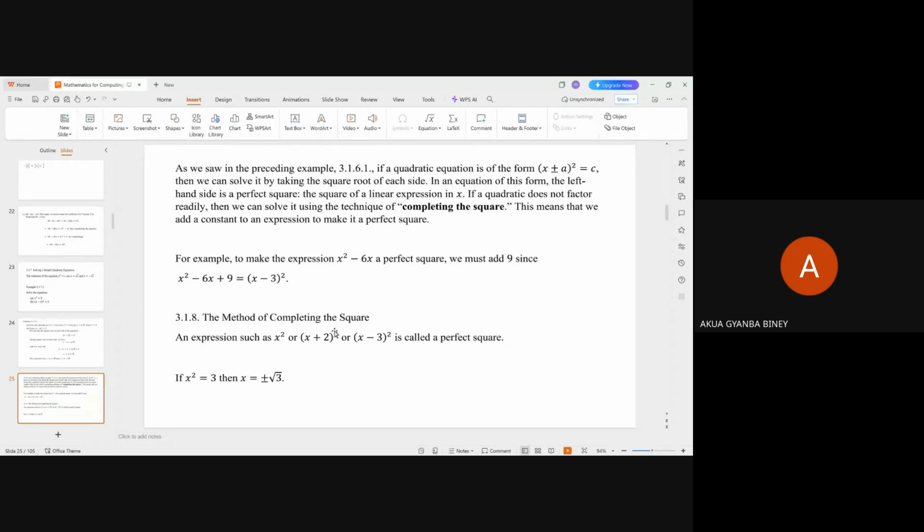So the method of completing the square: an expression such as x squared, or x plus 2 all squared, or x minus 3 all squared, is called a perfect square. If x squared is equal to 3, then x is equal to plus or minus square root of 3.